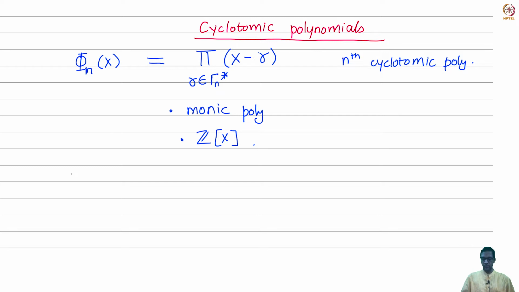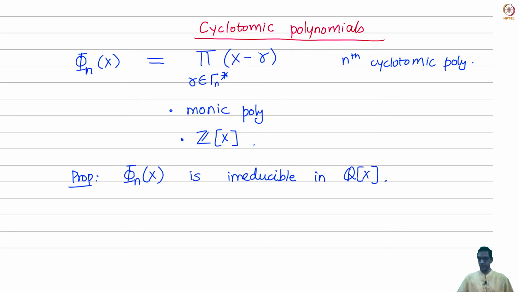Now this time we will establish the following important statement, that in fact this is an irreducible polynomial in Q[x]. The other thing we know is that the degree of this polynomial is the value of Euler's totient function, the number of numbers between 1 and n which are relatively prime to n.